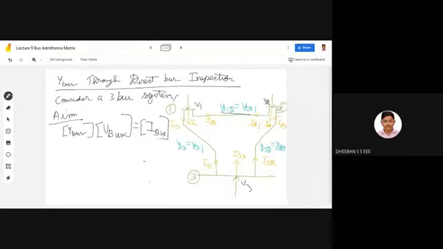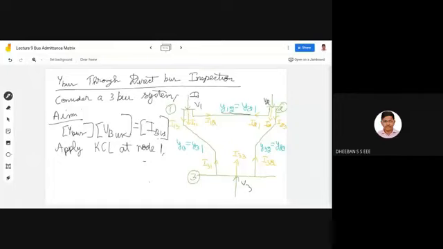So first we'll be applying KCL at node 1. So this is your node 1. At node 1, as per the KCL, the current entering a node will be equal to the algebraic sum of the currents leaving the node.